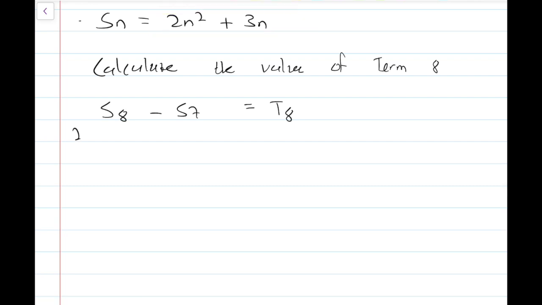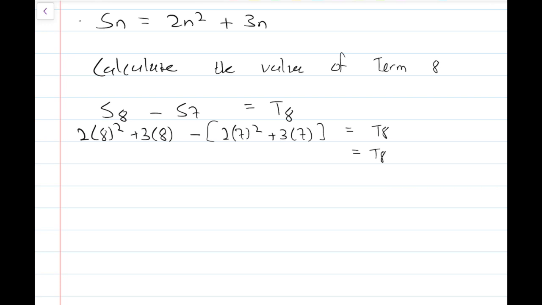It's 2 into n squared, but n itself is 8 here. So it's 2 into 8 squared plus 3 into 8, minus, in brackets, 2 into 7 squared plus 3 into 7. That's my term 8, and that's done.